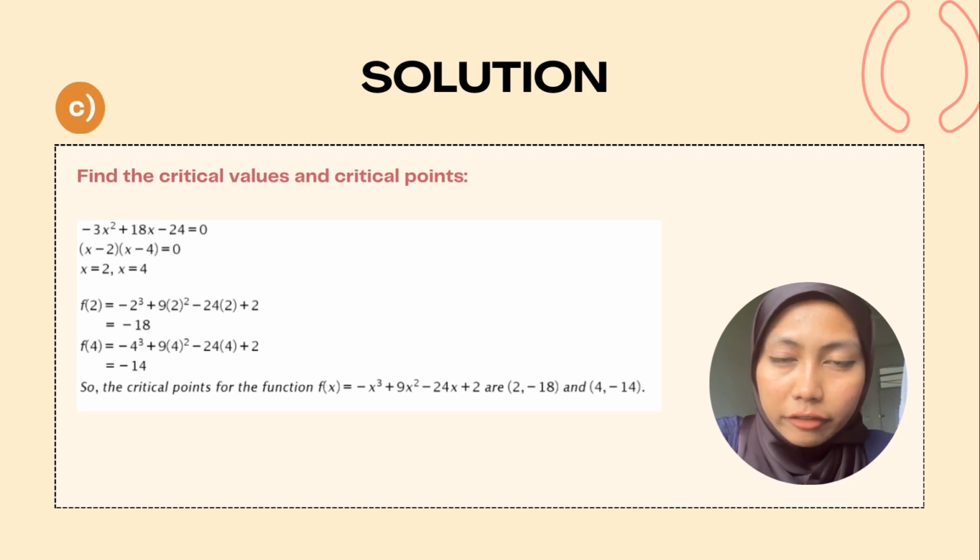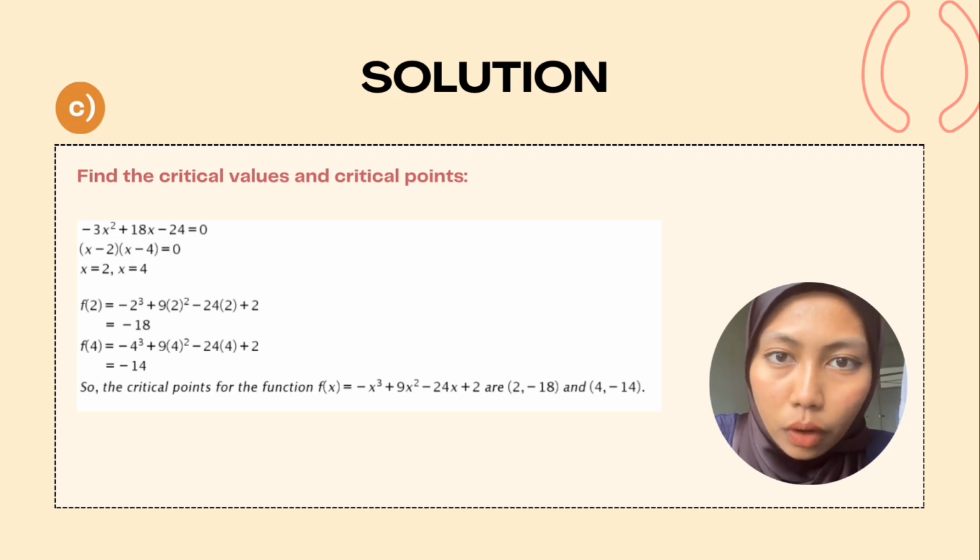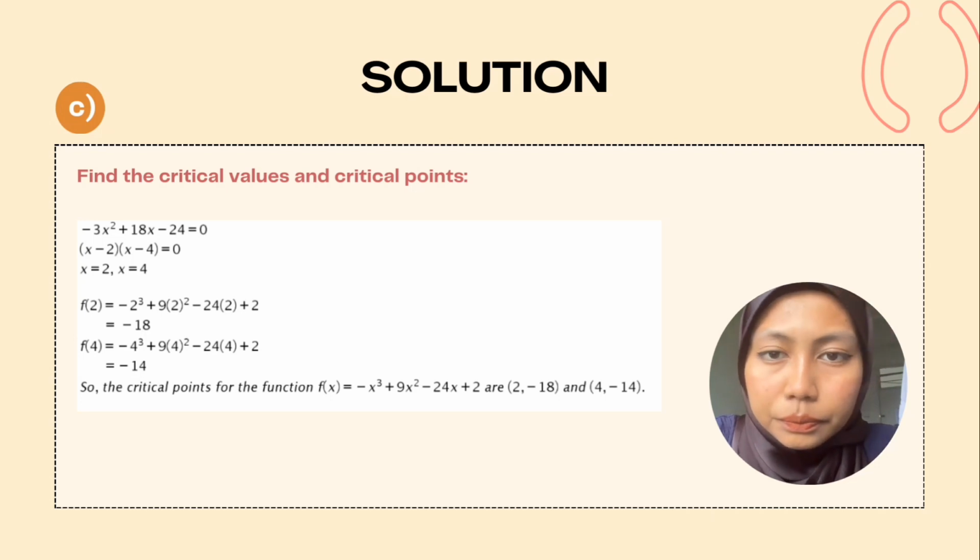Next, find the critical values and critical points. Negative 3x squared plus 18x minus 24 equals 0. Factorize it and you will get x equal to 2 and x equal to 4. You must put the answers into the f(x) equation. f(2) is negative 18 and f(4) is negative 14.